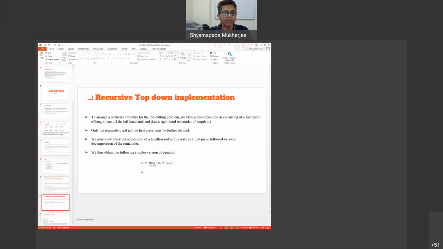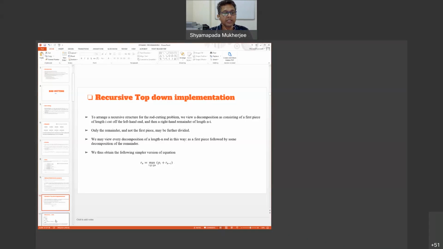So Rn can be written like this: maximum of, as we are finding all possible values of i to find the optimal solution, we are finding all possible values of i between 1 to n, and Pi is the price of the length of the left rod, which we are not considering further, plus Rn minus i. So again we will apply the recursive part here.